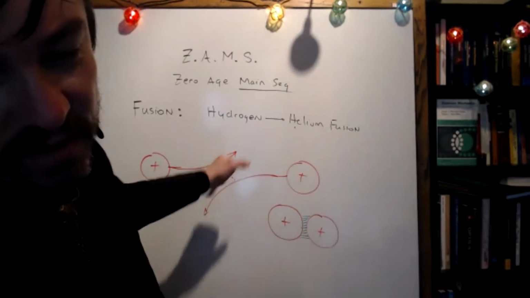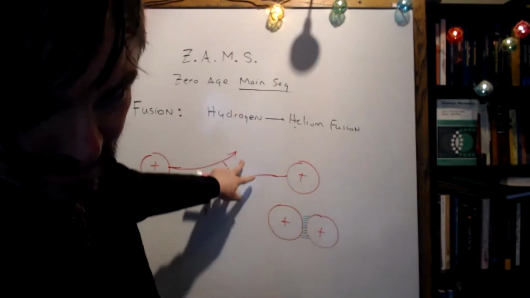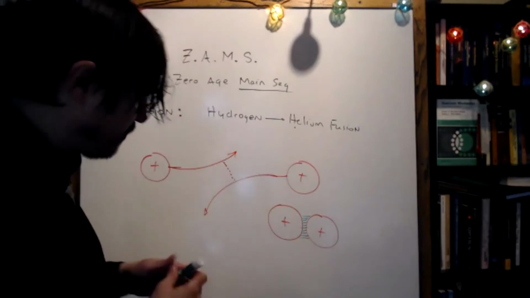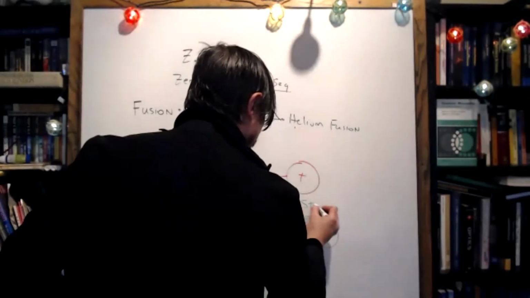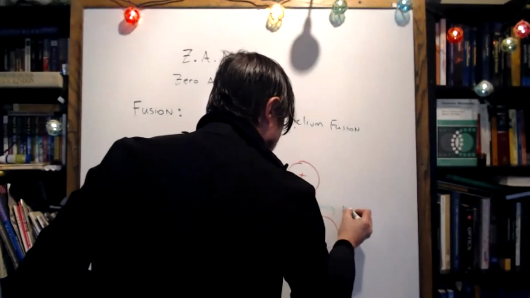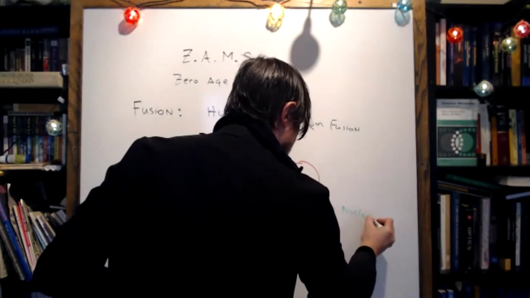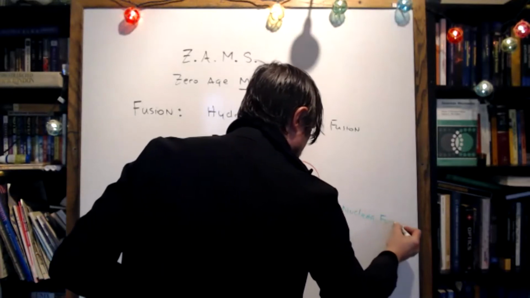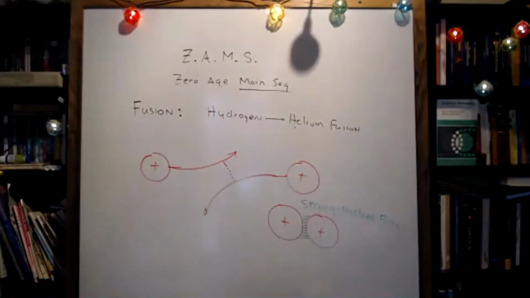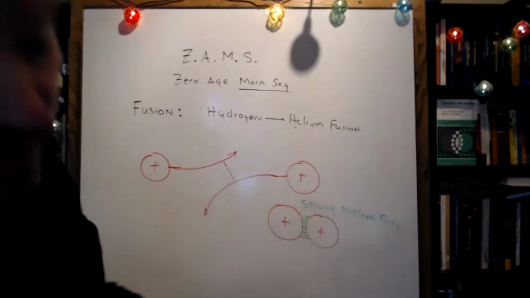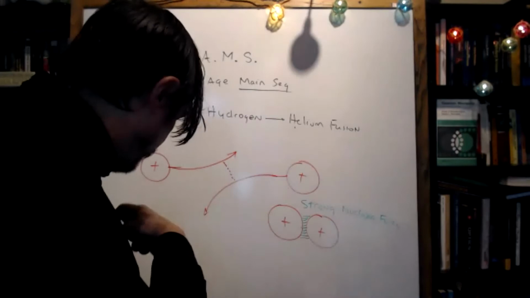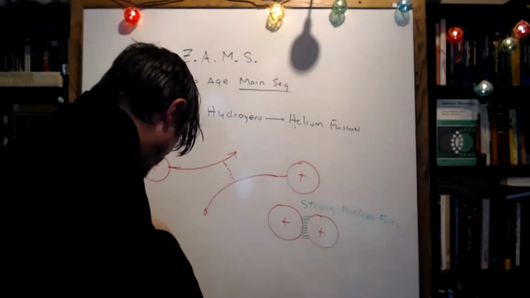So you got to get these things flung at each other really hard and fast for the strong nuclear force to take over. You should recognize that the strong nuclear force is the force that governs fusion reactions.